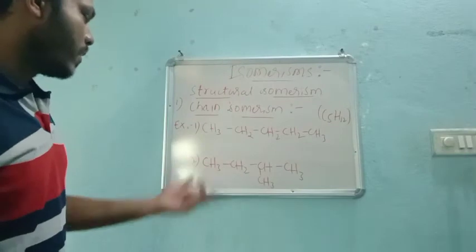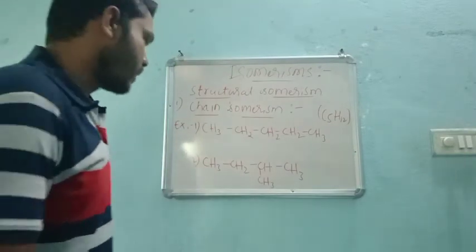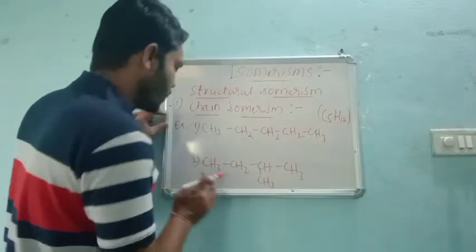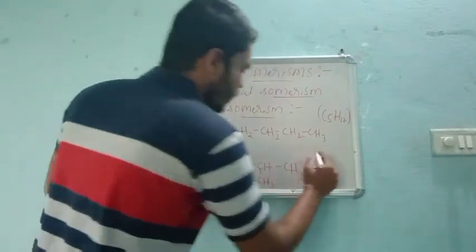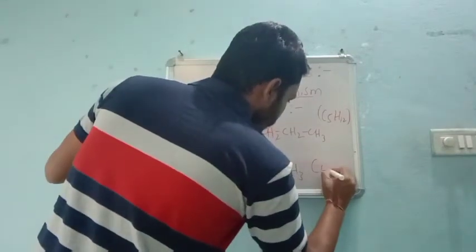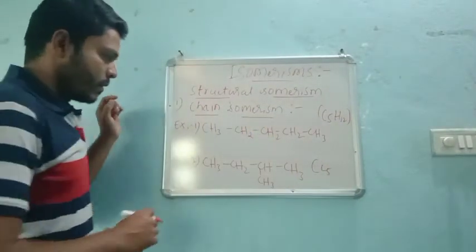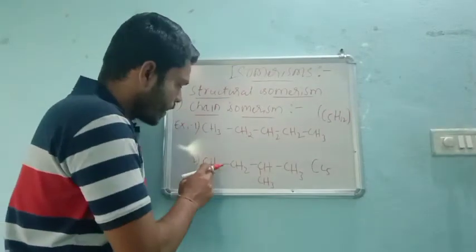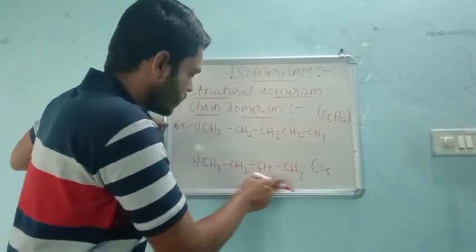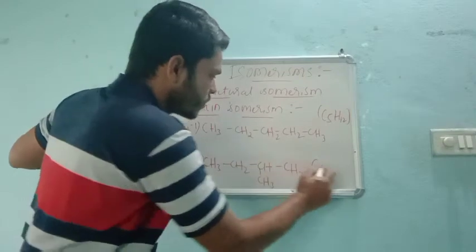Now count here also. First the carbons: 1, 2, 3, 4, and 5, so there are 5 carbons. Now hydrogens: 3 plus 3 plus 3 is 9, this one makes 10, 10 plus 2 is 12.